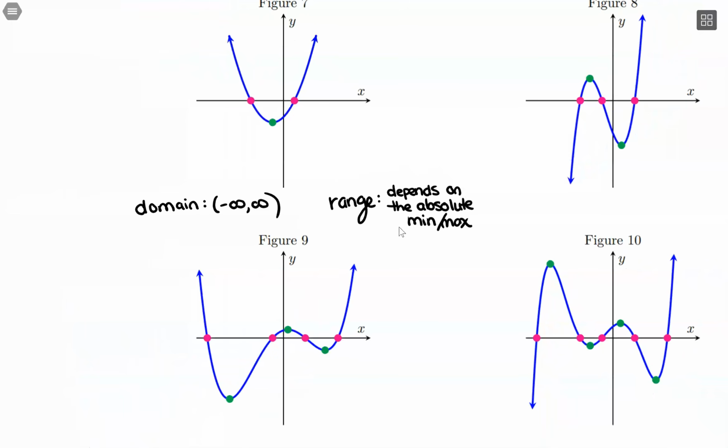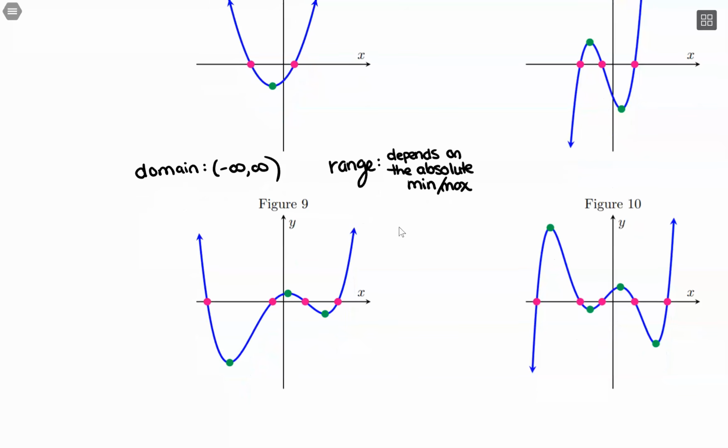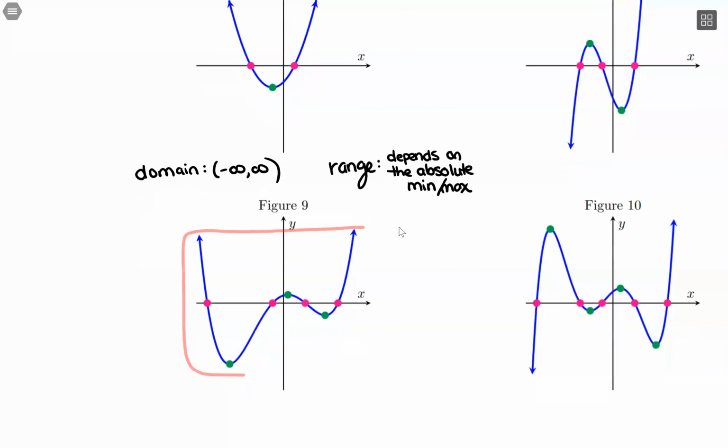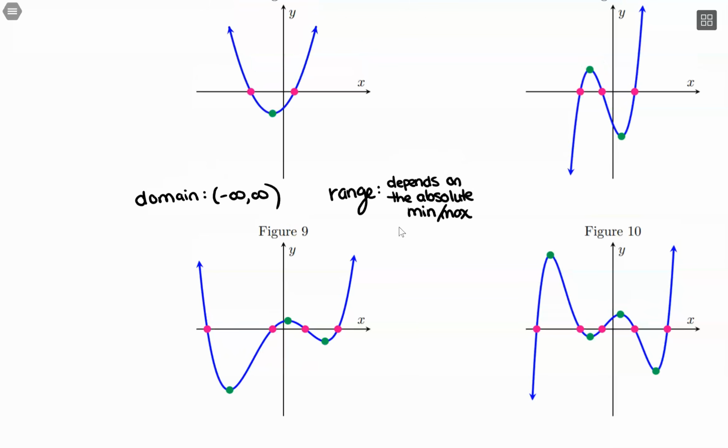So with the range, you would need to look for that value. It's the same for this even degree polynomial down here. It's like we have nothing, nothing, and then at that absolute minimum, our function starts and is defined off to positive infinity. So the key with the even degree polynomials is that the domain is all real numbers. For the range, you'll have to look for this absolute minimum or maximum that's going to limit the range.